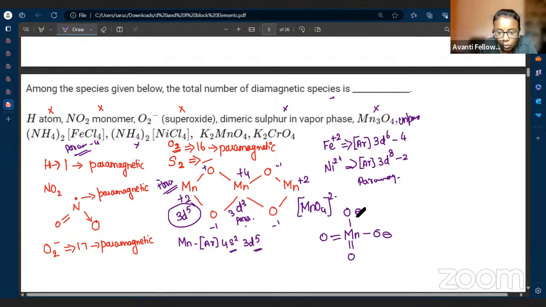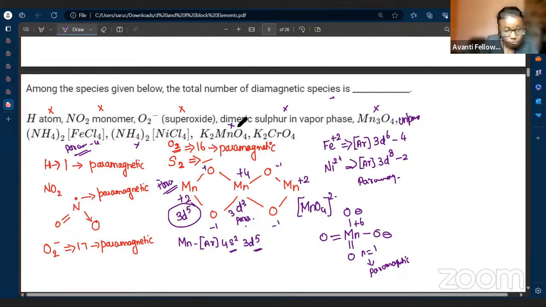Now what is the oxidation state of Mn? It is plus 6. If it is plus 6, then you have 1 unpaired electron. So therefore it is paramagnetic.